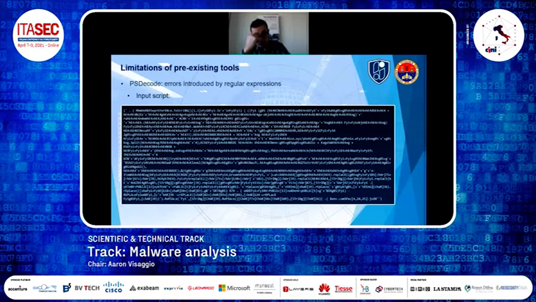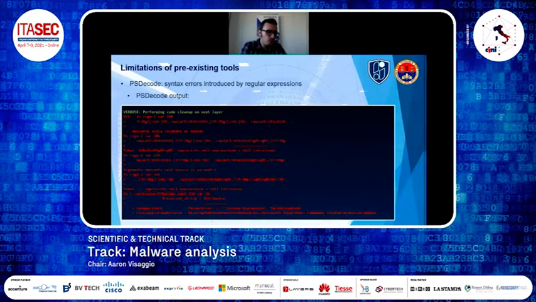Another flaw of the previous tool, PSDecode, was errors introduced by regular expressions. This error was introduced when the tool tried to solve Invoke-Expression dependent content using regular expressions. Due to the complexity of the script, this algorithm is not able to remove all obfuscation forms correctly.